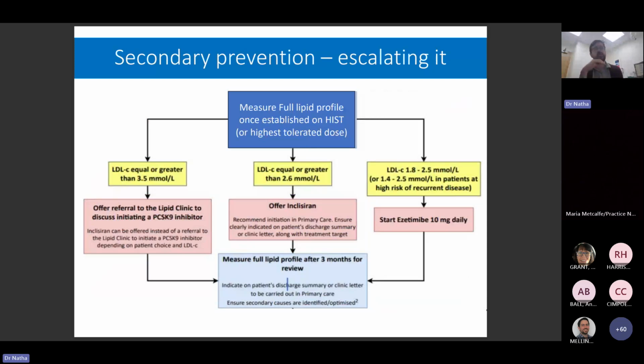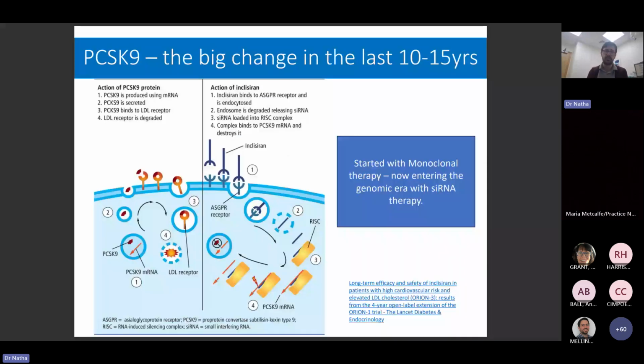inclisiran is a newer mechanism of action of achieving that outcome through silencing RNA therapy, but it, like the monoclonal agents that we've had for a good 10 or 15 years now, works on a common factor.